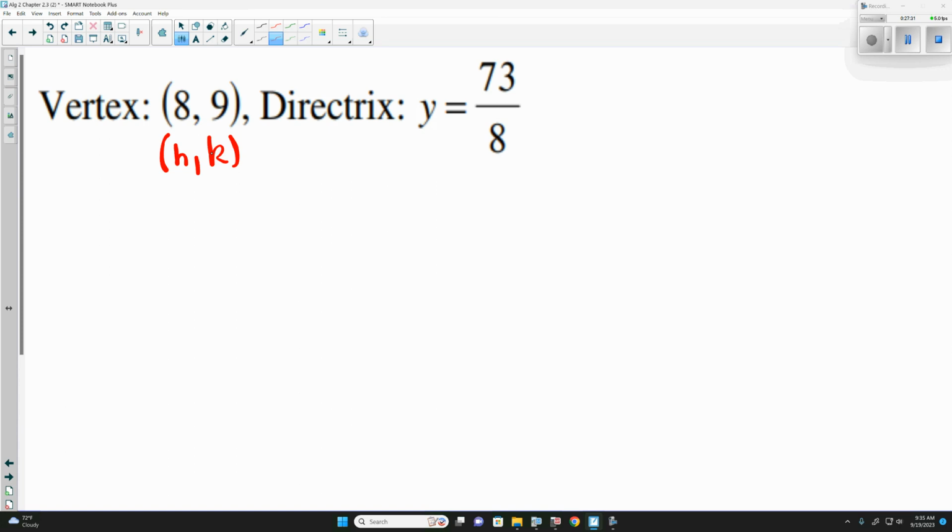So since this is y equals, we go to the version of the equation that has that, which is our y equals 1 over 4p times x minus h squared plus k. I'm using this version of the formula because its equation of the directrix is y is equal to k minus p. It matches up to it.